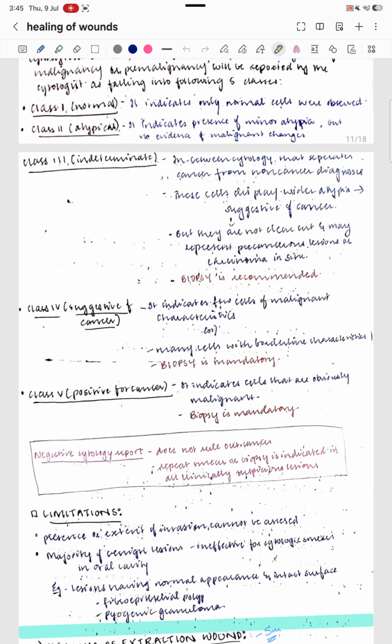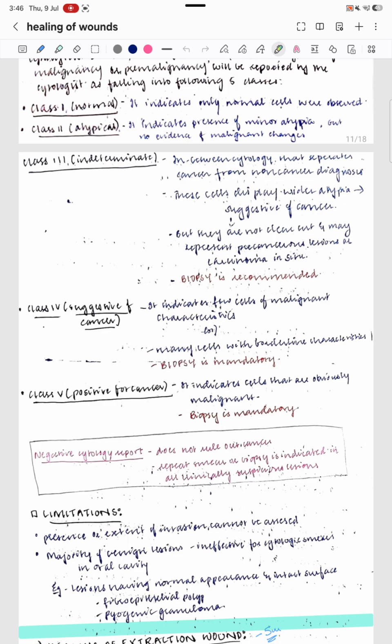Class 3 is in between cytology that separates cancer from non-cancerous diagnosis. The cells display atypia that is suggestive of cancer, but they are not clear-cut cancer. These are your pre-malignant conditions.